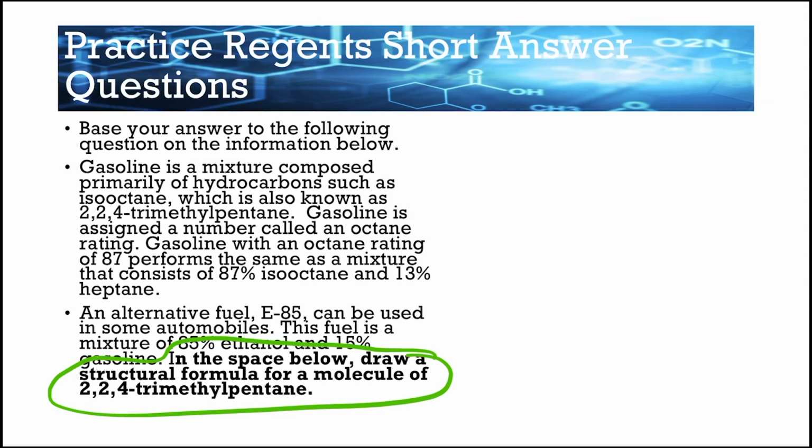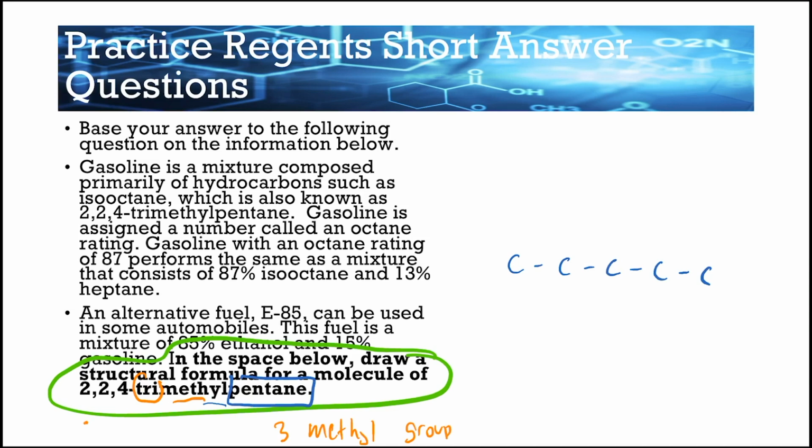Our first thing should be this pentane. So our 5 carbon with all single bonds. Now, here we have trimethyl. So that means we have 3 methyl groups.